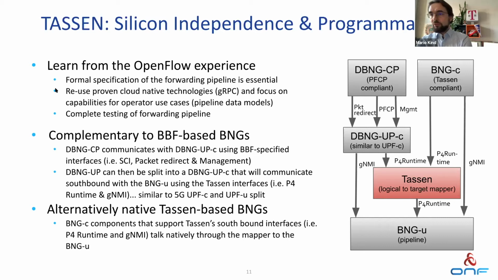So essentially, if we are going for a more formal specification of a forwarding pipeline, it is a very essential step and helps to enable more hardware varieties and give the control planes the freedom to choose them, similar to what could be achieved with the BBF CAPS concept on a different abstraction level.